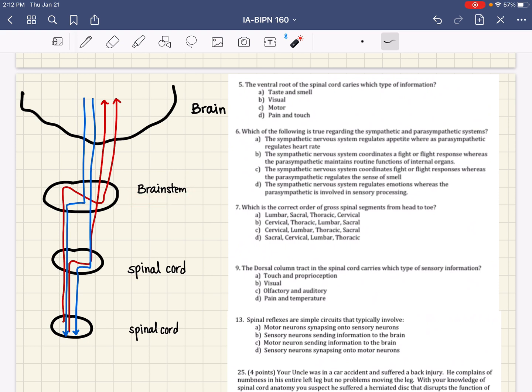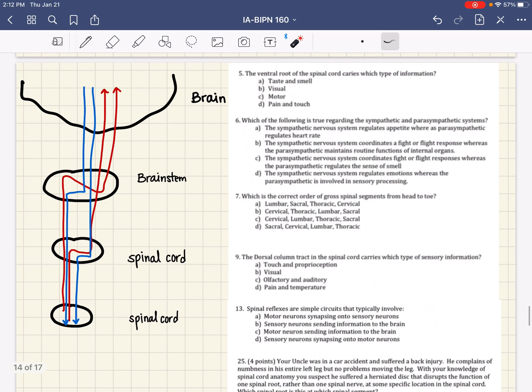So I suggest you are familiar with drawing this out, or at least picturing it in your head, because you're asked questions about an injury that has happened to the spinal cord. I remember when I took this class, I would always try to visualize these four types of pathways, and just see, okay, well, if the injury happened over here, is the tract that they're talking about, is the decussation below this injury, or is it above this injury?